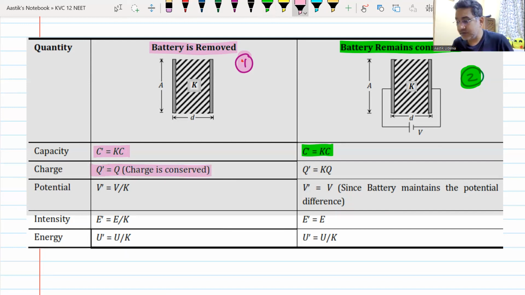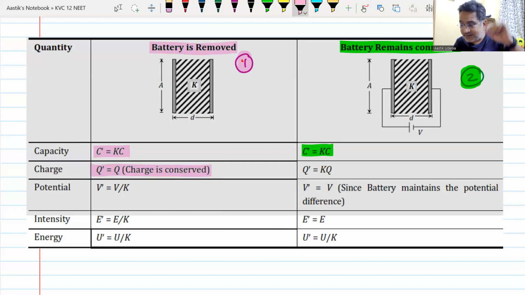battery is removed. Now, if battery is removed, whatever charge the capacitor has, remember, the capacitor becomes an isolated body. If a body is isolated, the charge of the body will remain constant.